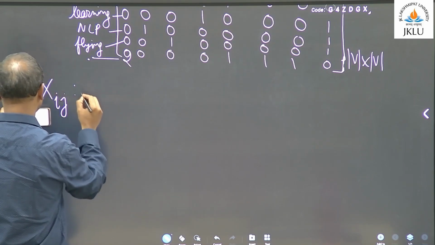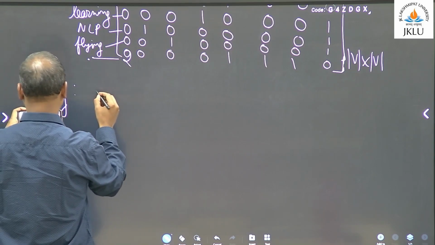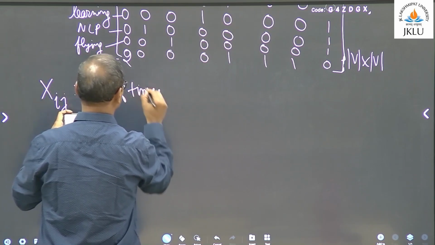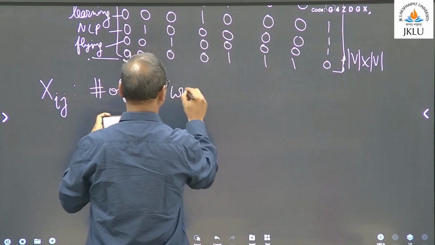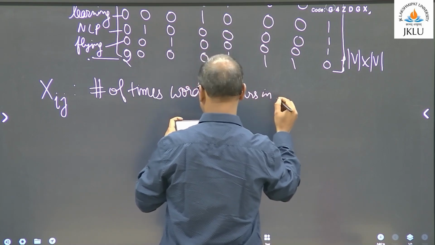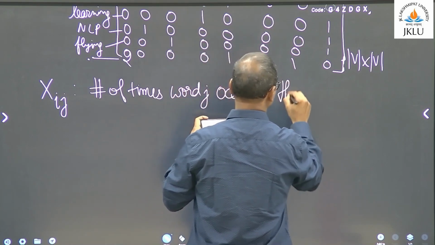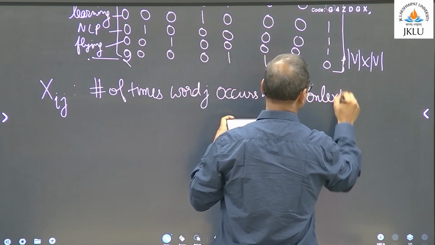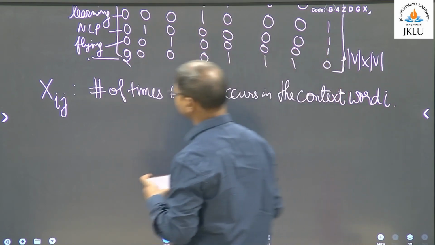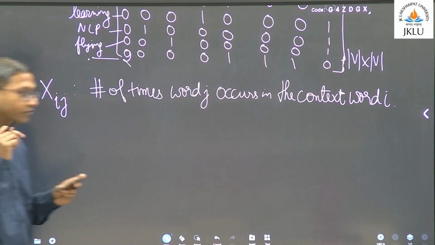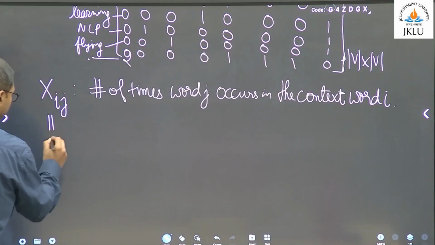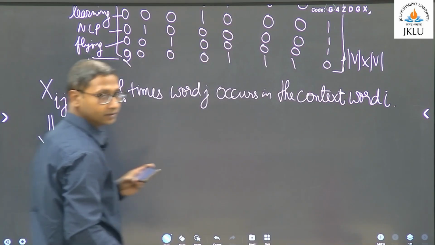So Xij is basically nothing but the number of times word j occurs in the context of word i. And the way we are making our windows, Xij will be equal to Xji.